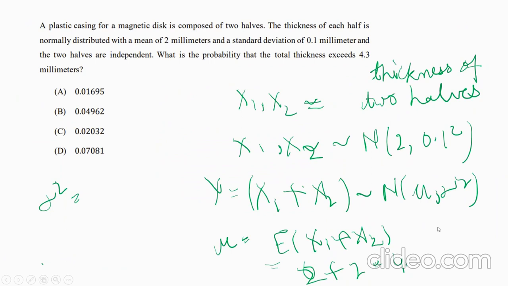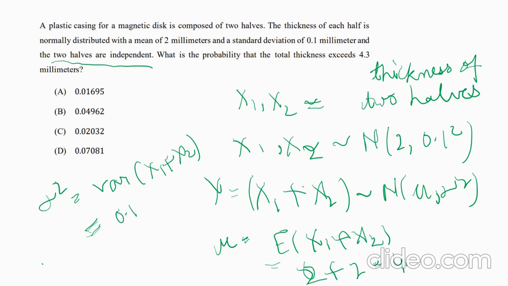So and then sigma square is what? Variance of x1 plus x2, and then since these are independent, variance of x1 plus x2 will be variance of x1 plus variance of x2.